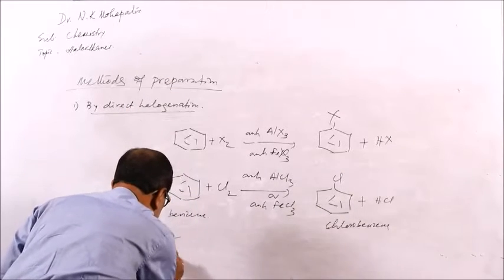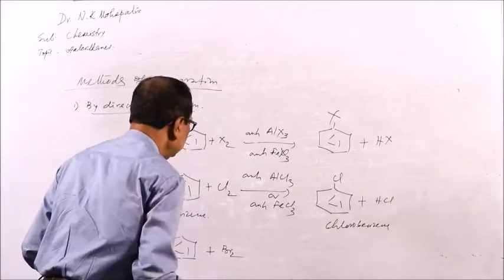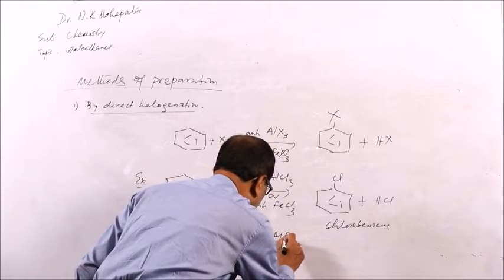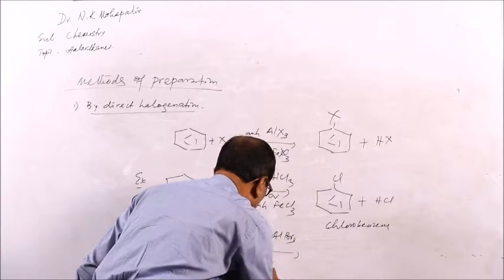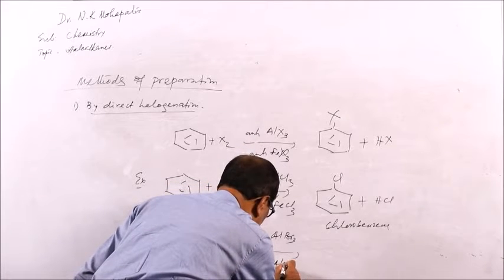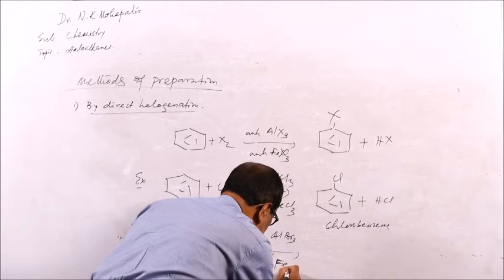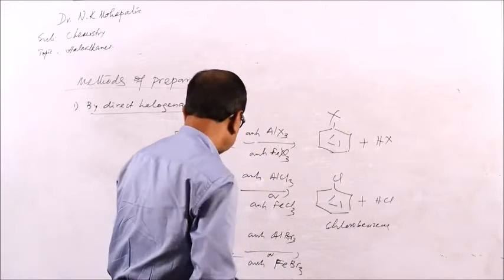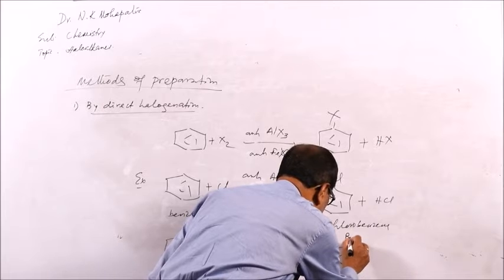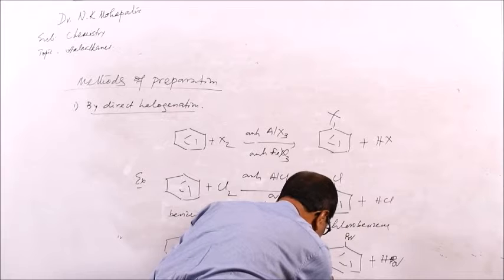Similarly, if you treat it with bromine in the presence of anhydrous aluminum bromide or anhydrous ferric bromide, the product formed will be bromobenzene plus HBr.